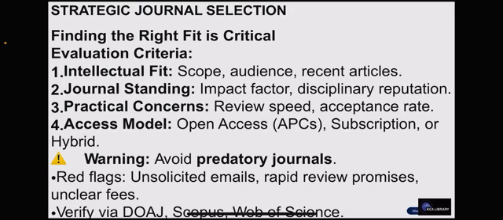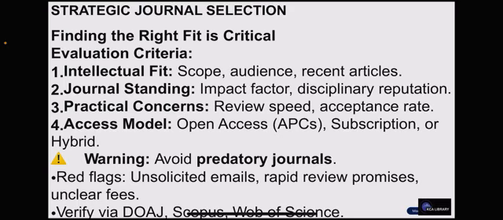Then the fourth one is access model. That's open access, APCs, the subscription, or the hybrid. Now the warning there is that you have to avoid predatory journals. The red flags are unsolicited emails, rapid review promises, and unclear fees.